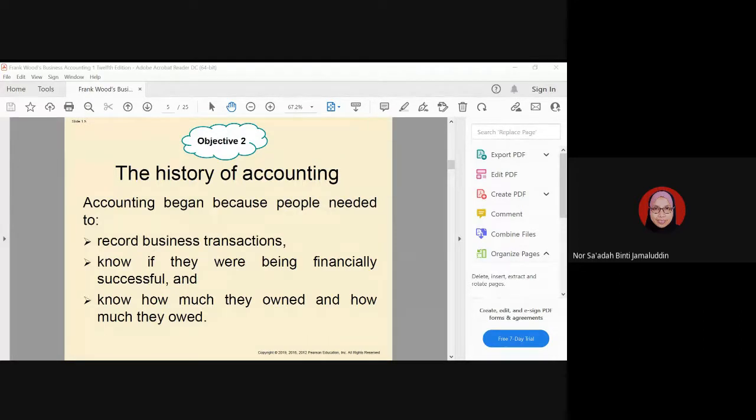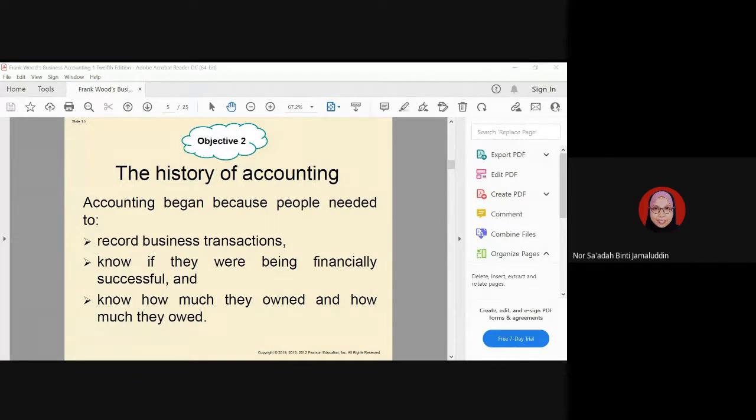Apart from that, as we know from the beginning of this course, at the end of this course you should be able to prepare financial statements in terms of the statement of comprehensive income (profit and loss account) and the statement of financial position.